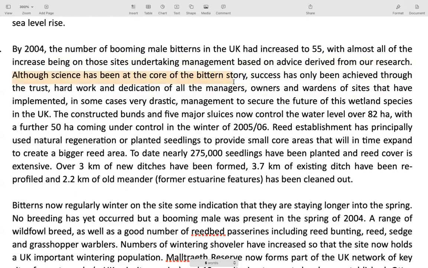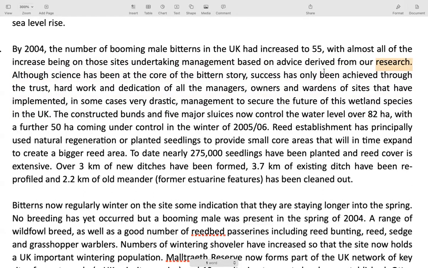But before that, what's the meaning till here? Then we'll do that part. It is science based. Science is at the core of the bittern story. So core is the center. So science is another word for research here.